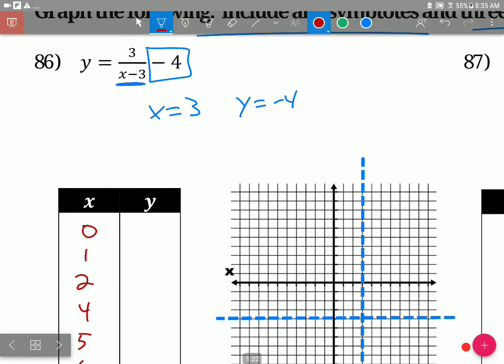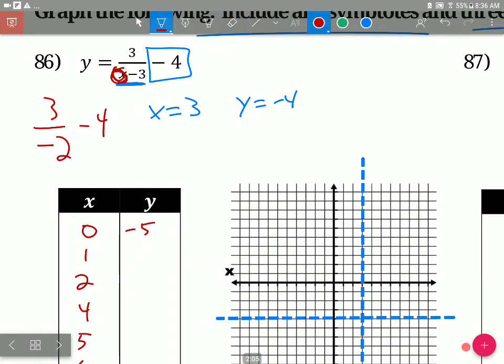If I plug in a 0 here, 0 minus 3 is -3, 3 divided by -3 is -1, -1 minus 4 is -5. All right, I just ran the numbers. If I plug in a 1, 1 minus 3 is -2. That's 3 over -2, which is -1.5, minus 4 is -5.5.